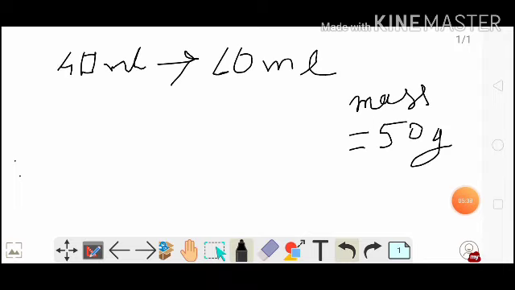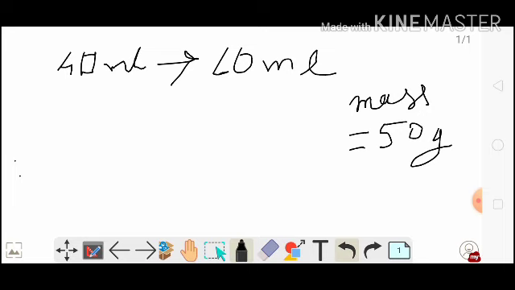So according to the problem, when the stone of mass 50 gram is lowered into the measuring cylinder, the water level rises from 40 ml to 60 ml, and the mass of the stone is 50 gram. We have to find out the density of the stone, and for that we need the mass of the substance, which is already given, and we need to find out the volume.